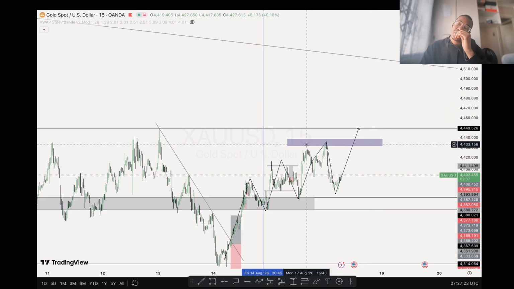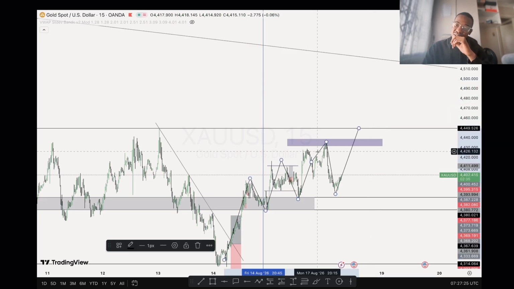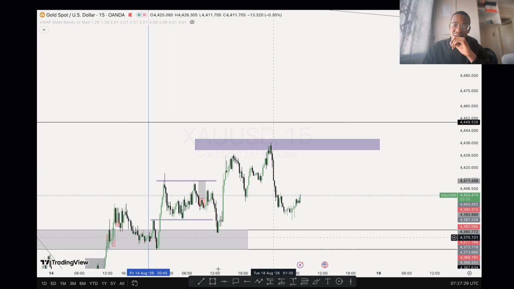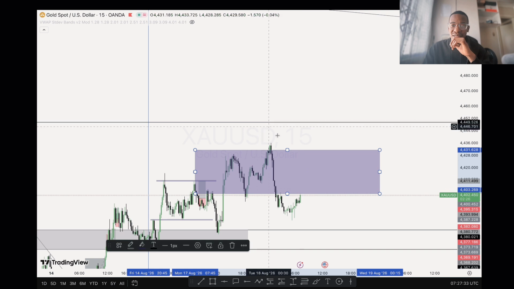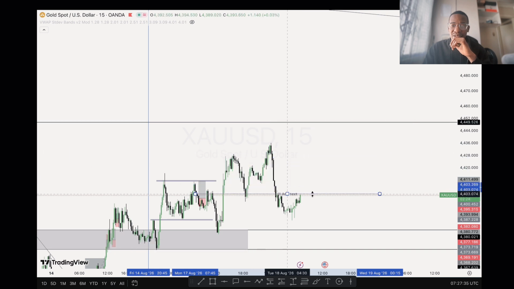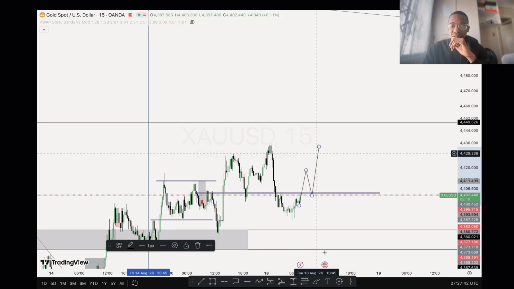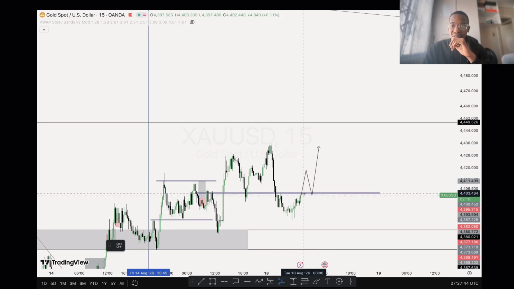So yeah, today I'm only gonna be focusing on Nasdaq. Even gold, I'll be checking it as well. If it can manage to break this level here, come back and retest, then I might actually take a trade on gold.